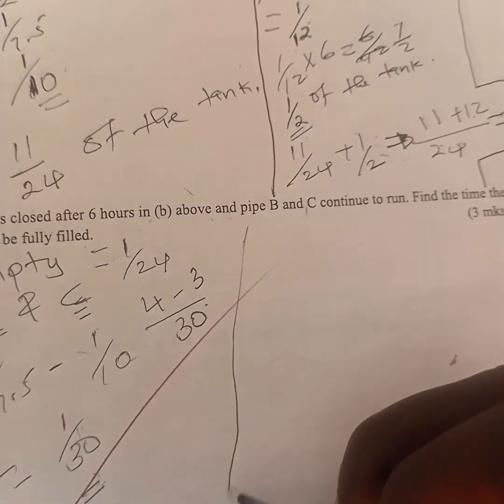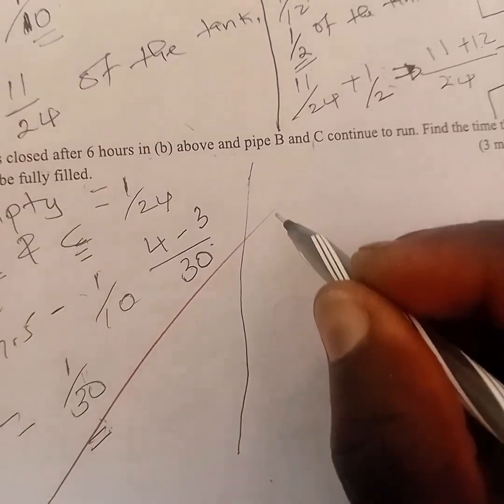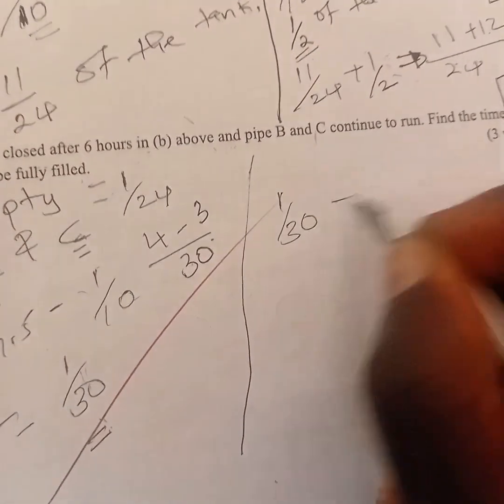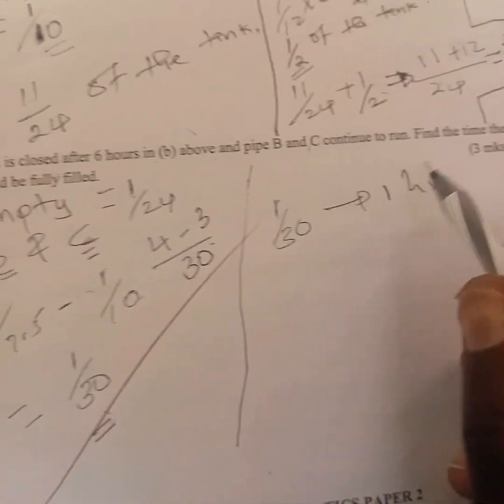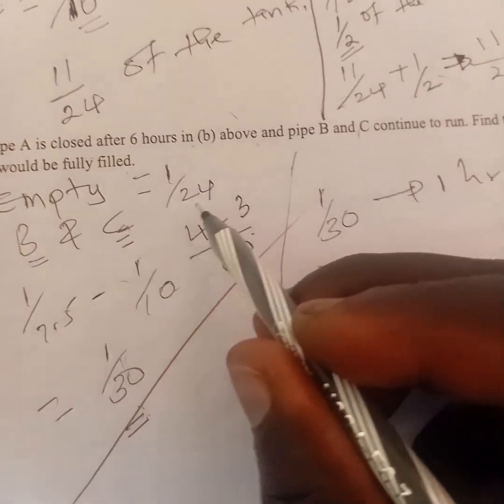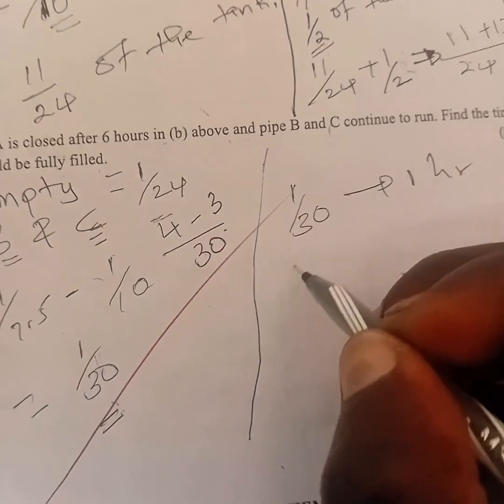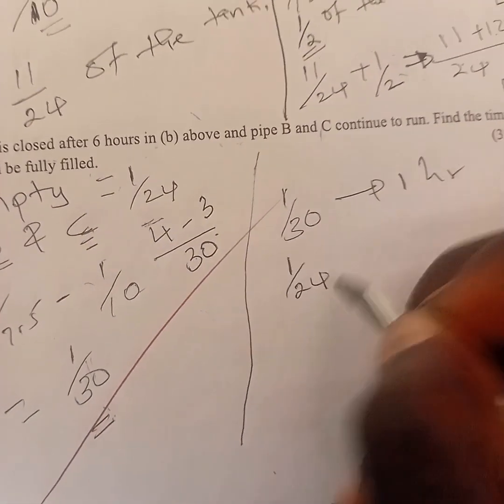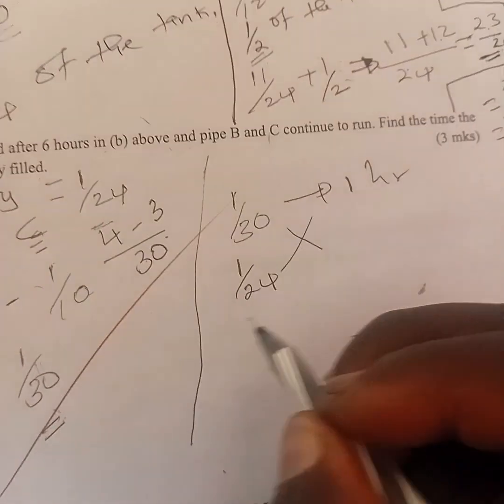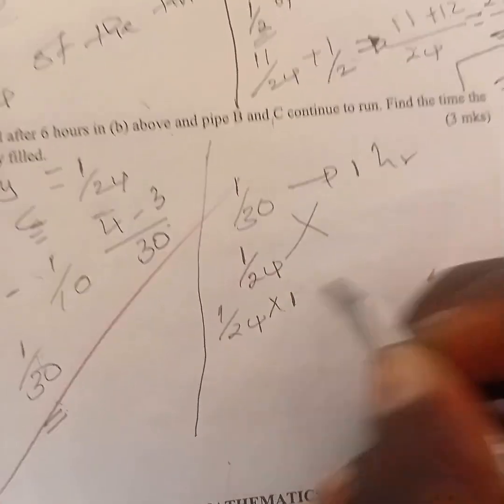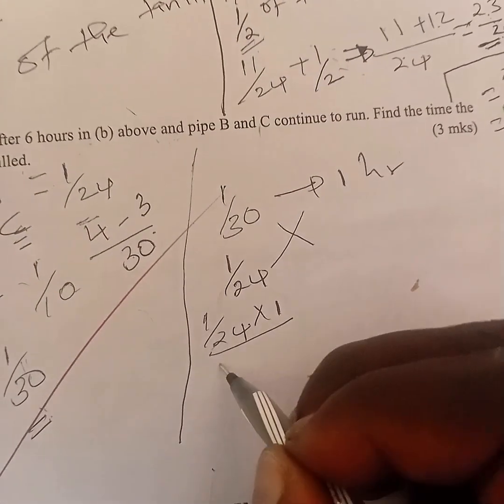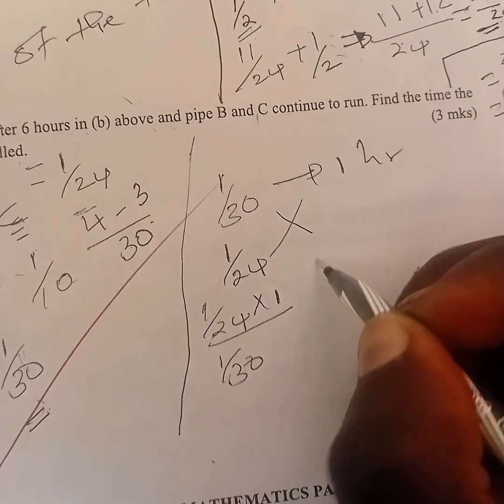So what about the remaining? The remaining one is 1 over 24. So we divide 1 over 24 by 1 over 30.